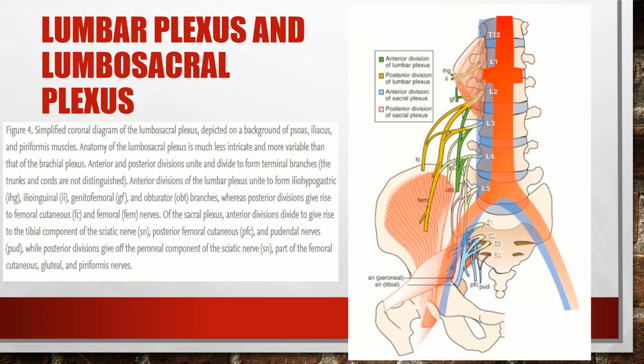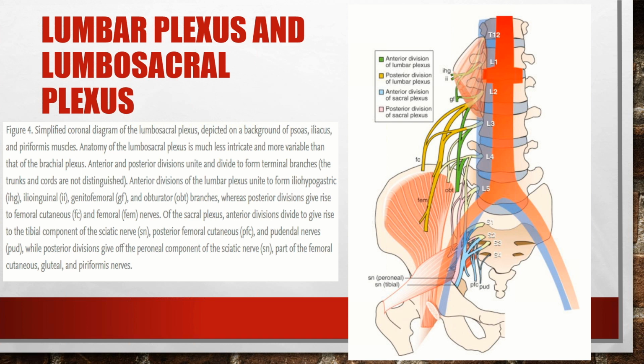This is a schematic of the lumbar plexus and lumbosacral plexus, very messy, right? Actually, this is on the background of the psoas muscle, then the iliacus muscle, and also the piriformis muscle. This lumbosacral plexus is not so messy like the brachial plexus just now.